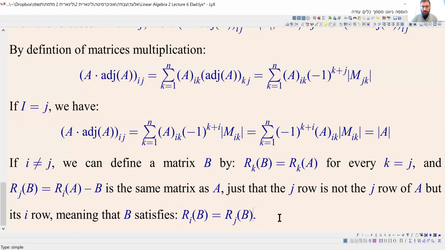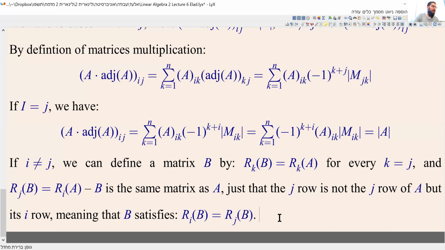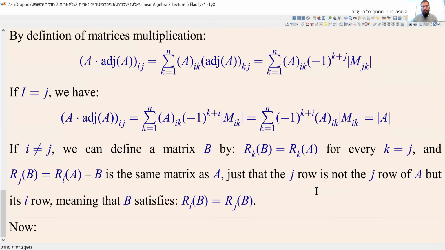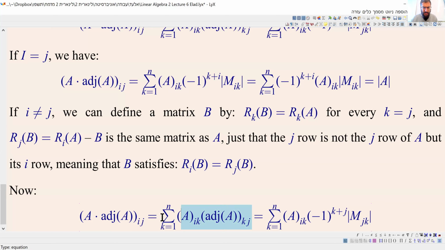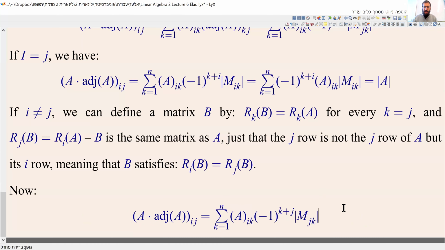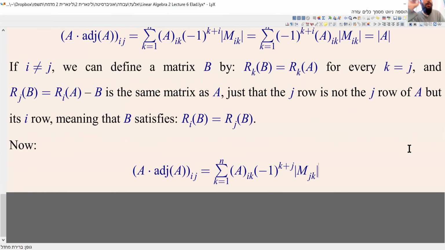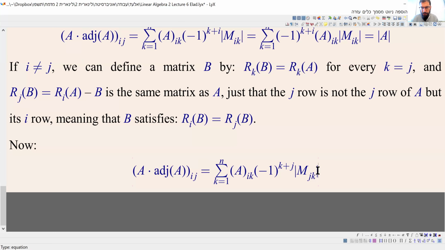What do we get from this formal shenanigan? When we have our matrix B and we look at the ij element of A multiplied by the adjugate matrix, now the rows of B are the same as the rows of A. Specifically, the i row of B and the i row of A are the same.